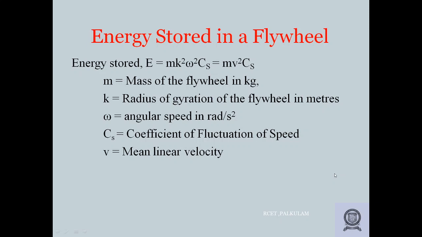Energy stored in a flywheel formula: E equal to m k square omega square Cs or m v square Cs, where v is equal to k omega. M is the mass of flywheel, k is the radius of gyration, omega is the angular speed in radian per second, Cs is the coefficient of fluctuation of speed, and v is the mean linear velocity.